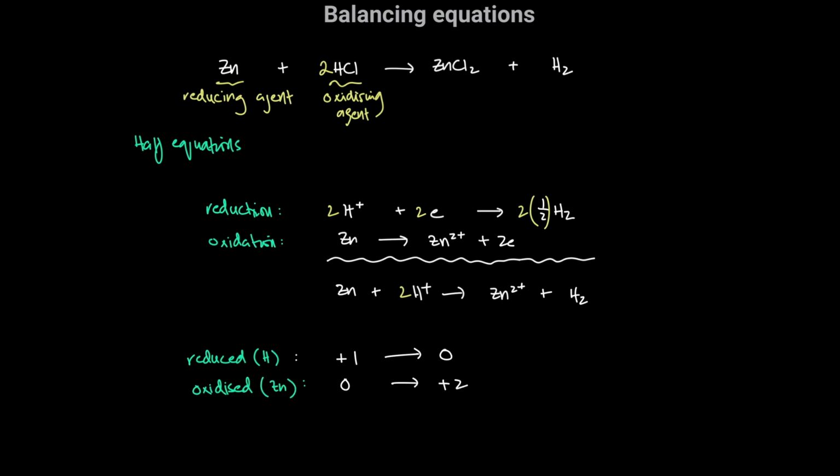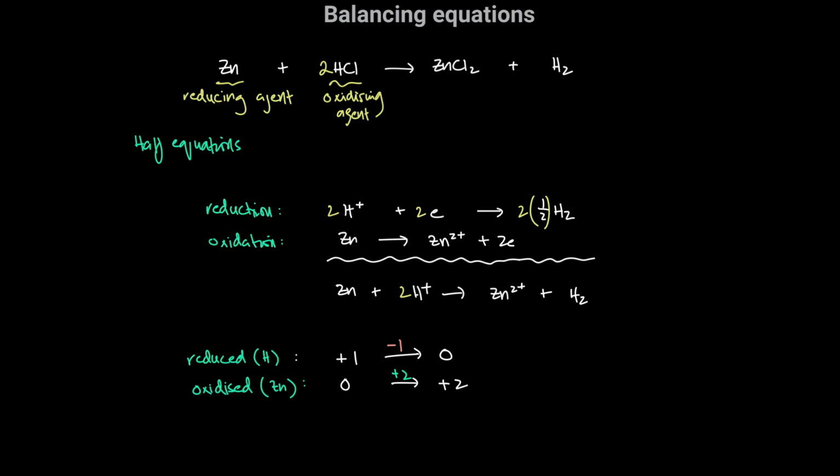So the change in oxidation number of hydrogen is -1, whereas the change in the oxidation number of zinc is +2. The oxidation number of hydrogen is decreasing by 1, that's a change of -1, and the oxidation number of zinc is increasing by 2, so that's a change of +2.